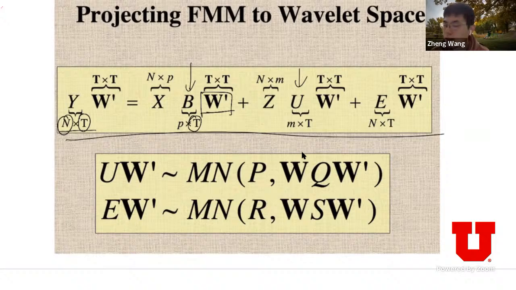Actually, in the discrete wavelet transform or discrete Fourier transform, the index is just some integer values to index the order of the data.